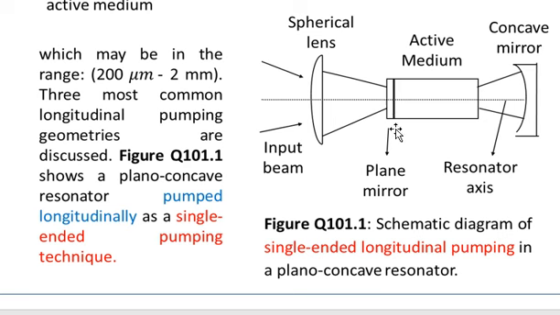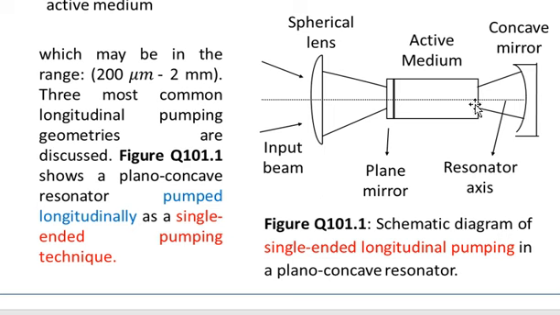A plane mirror and a concave mirror on the other side form the two ends of the resonator, in which an active medium is placed as shown. The resonator axis is also pointed out, and the direction of the input beam from the single strip diode laser is shown with the two arrows as an input beam.